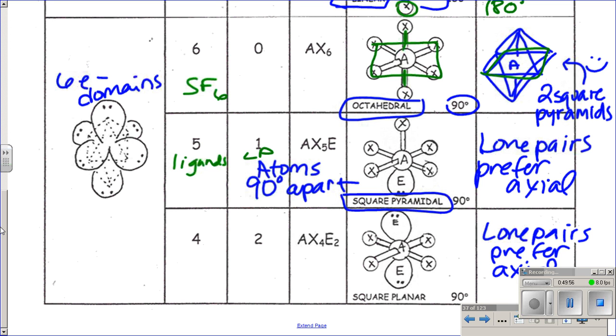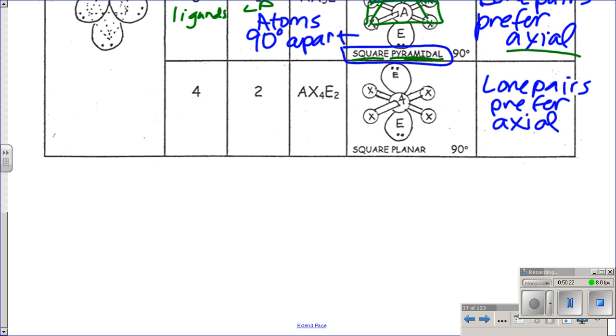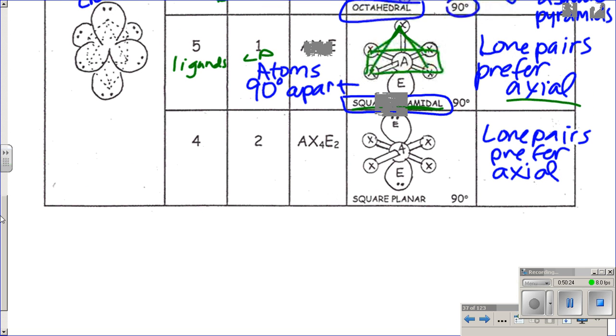So in this big massive electron shape, we've got the lone pairs preferring the axial, and you'll see that continuing down to the next example. But if you're looking at the picture and ignoring the lone pair, this looks kind of like a square pyramid. So pyramidal because it's got the point on the top, square because it's got a square base. And those are still all at 90 to one another because we are taking the X, Y, and Z axis.